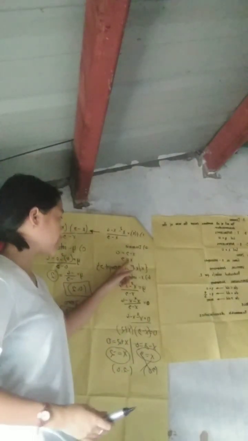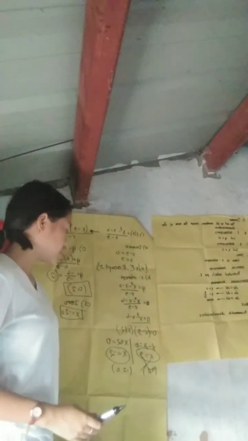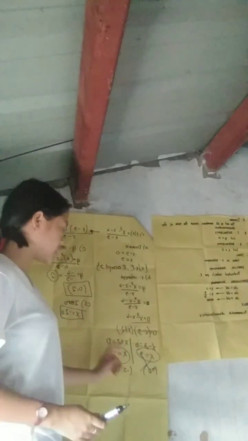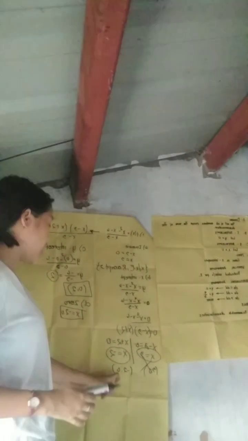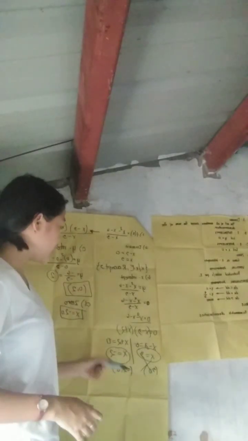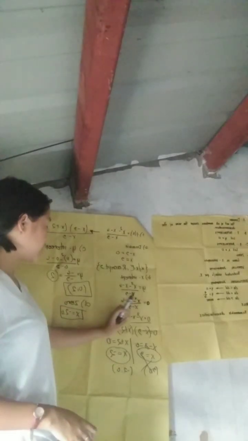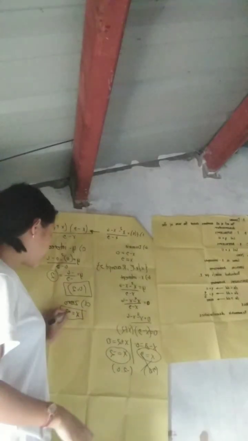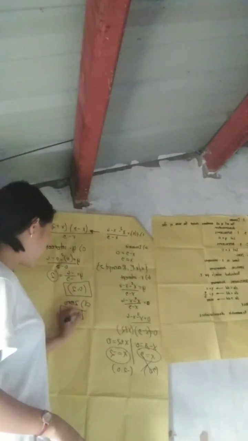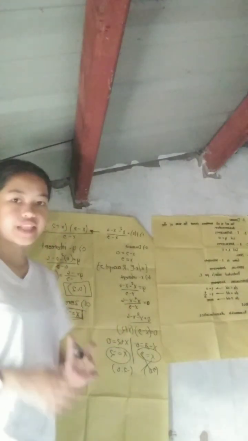Taking a look at our domain, 3 is not allowed, so the expected value of x is negative 2. So our zero is x equals negative 2.